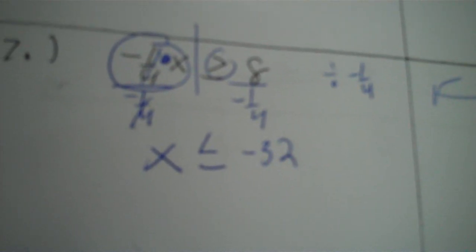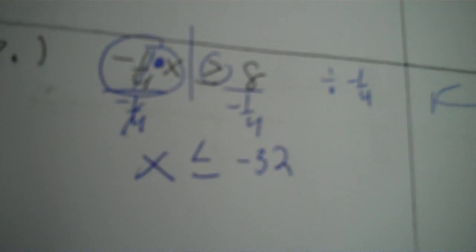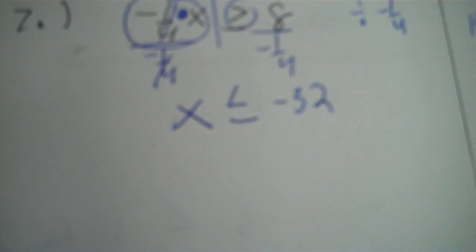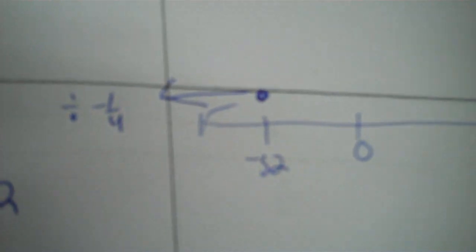Alright, because when you divide by a fraction that's less than 1 whole, that number increases, okay? So we don't need to reorder that. We have the x in front of the symbol. It says x can be any number less than or equal to -32. So it's closed, less than, that goes that way, okay?